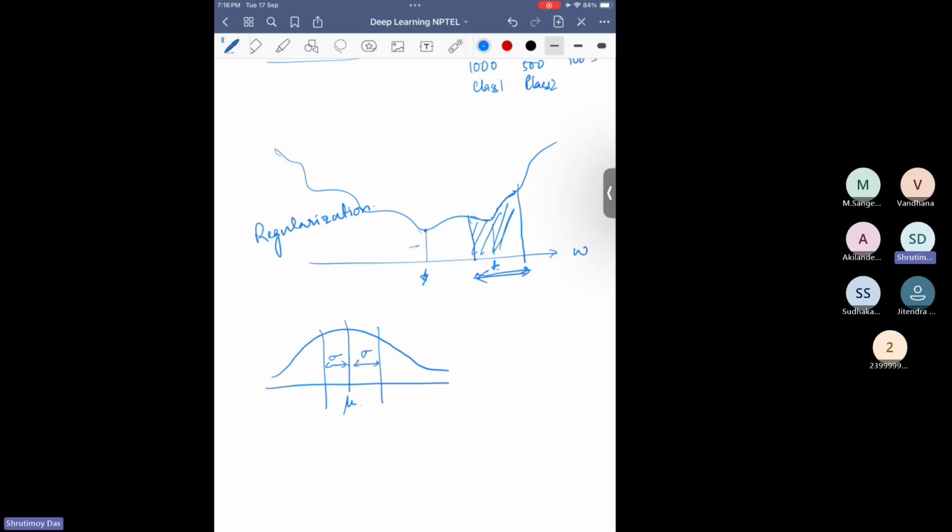So normalization basically says that instead of having some arbitrary mean mu or some arbitrary variance sigma, I just shift the data such that my mean is always at 0 and my variance is always 1. So something like this.